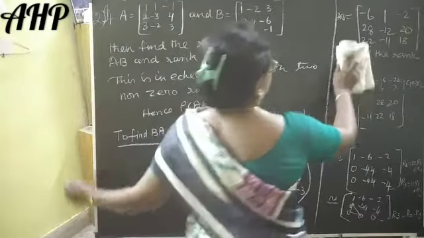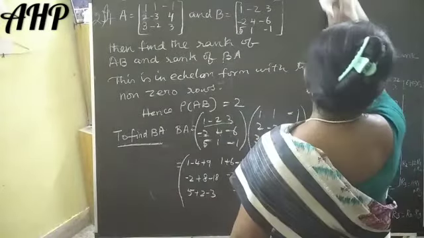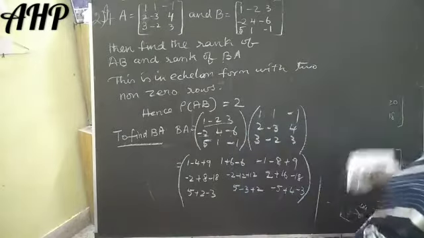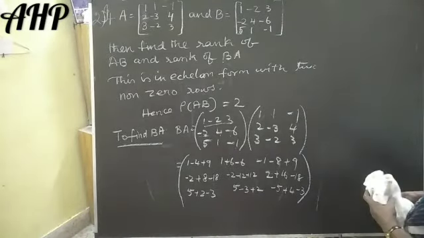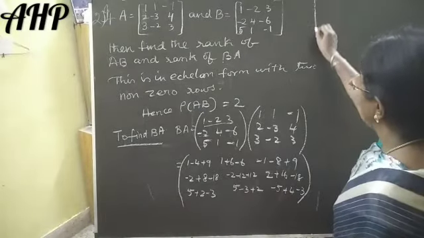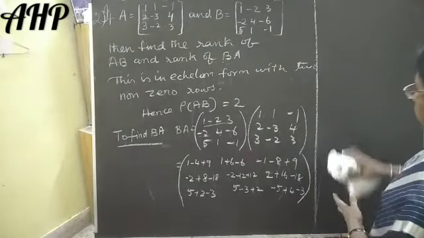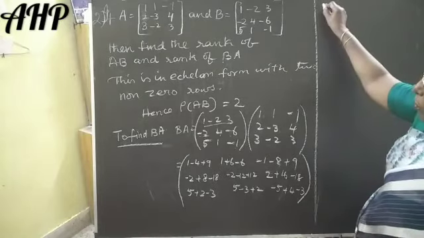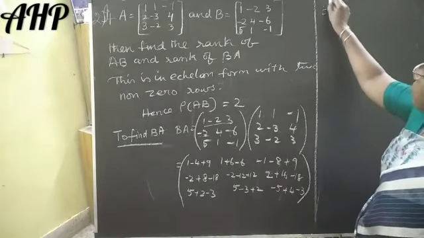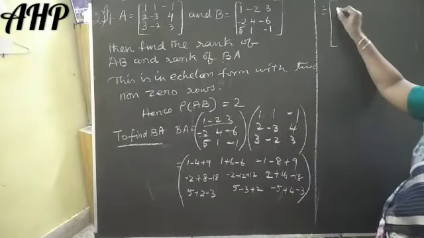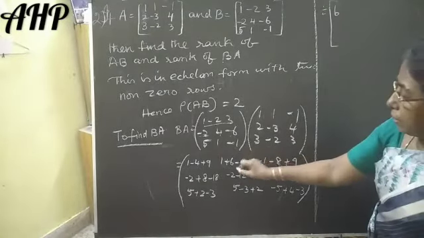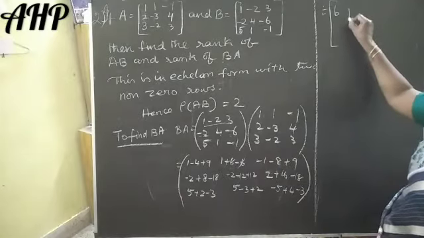Therefore, this is equal to the matrix: 10 minus 4, 6 plus 6 minus 6 gets cancelled, 1.